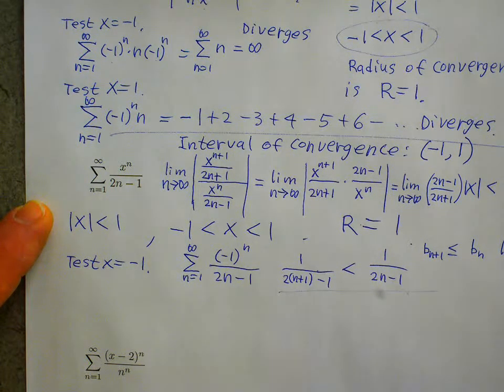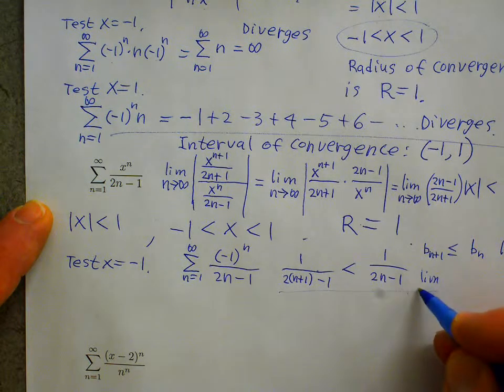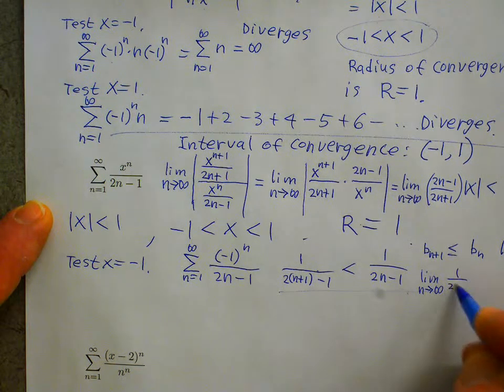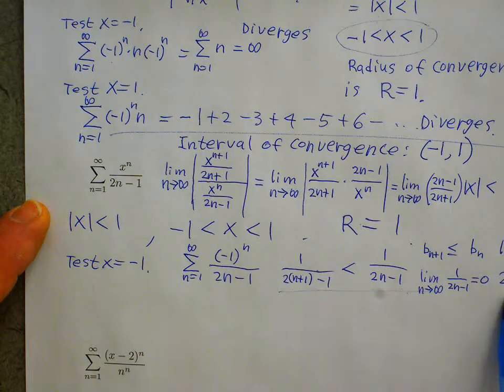And also the limit of b sub n as n approaches infinity, where the b sub n terms are 1 over 2n minus 1, is 0. That satisfies the second condition of the alternating series test.